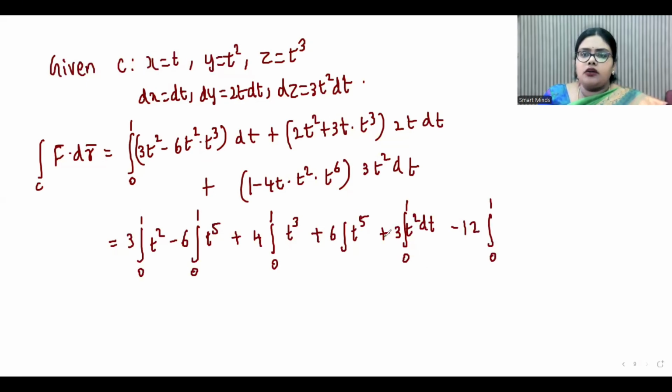Everywhere you have 0 to 1. t into t square is t cube, t cube into t power 6 will become t power 9. This is t power 10 dt.